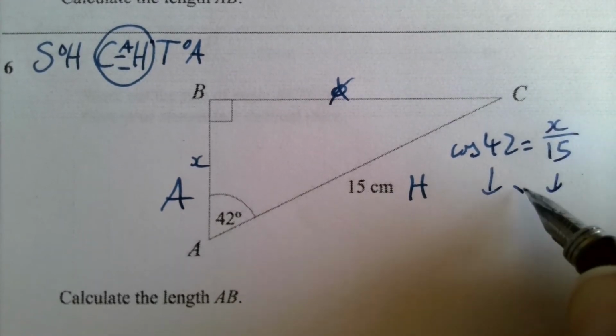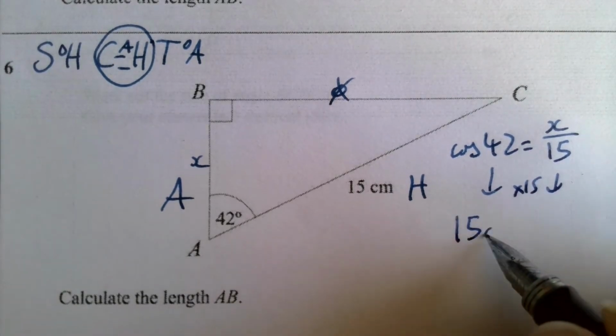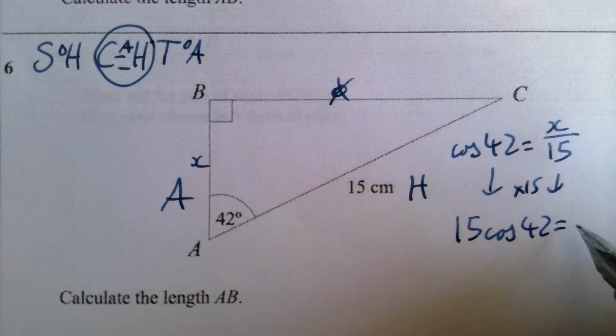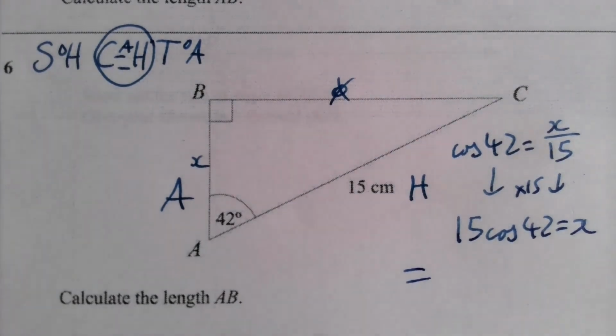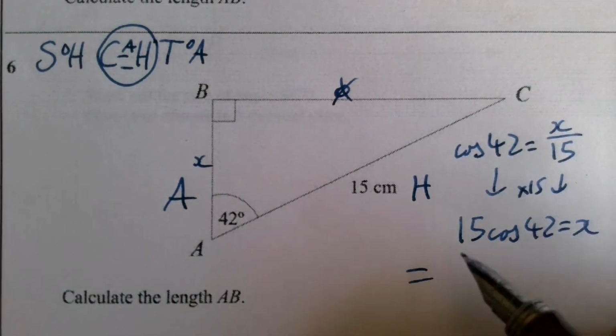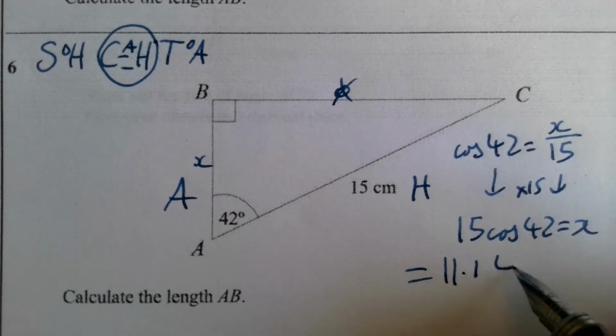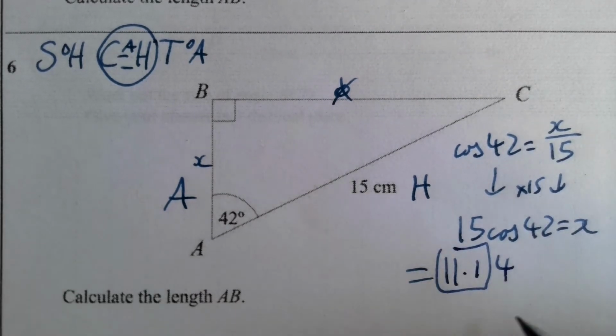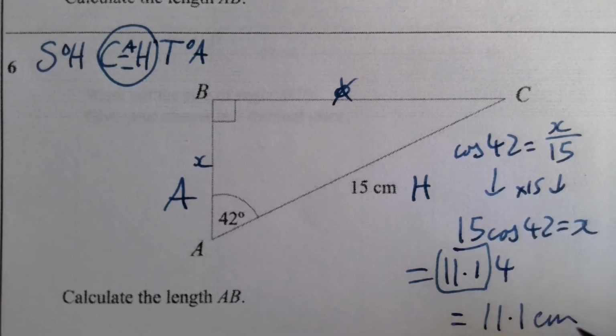Multiply both sides by 15, I get 15 cos 42 is equal to X, and pop that in the calculator, which gives me 11.14, which rounds to 11.1 centimeters, and always remember to put your units in.